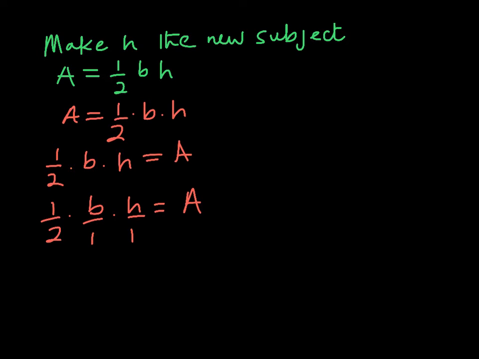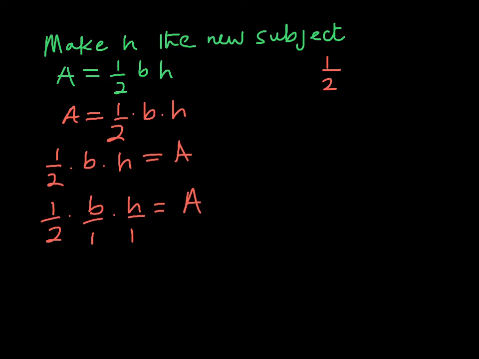So what we need is that we only want to leave h to be alone on the left side because we want to make it the subject of the formula. So we have to take care of half, and then we have to take care of the base. So half itself is a division, a division of 1 by 2.